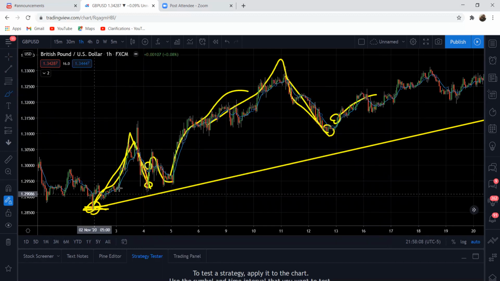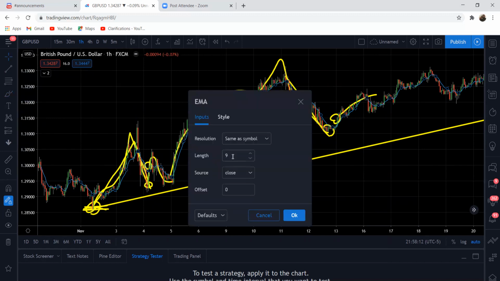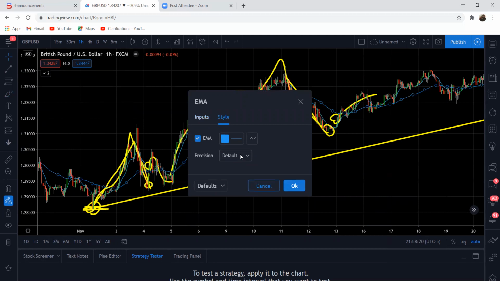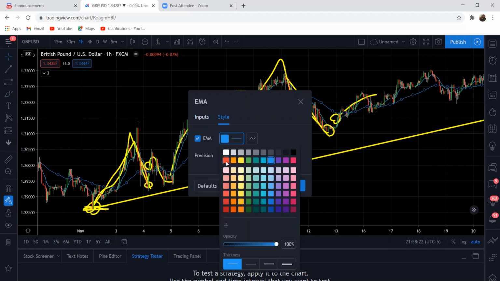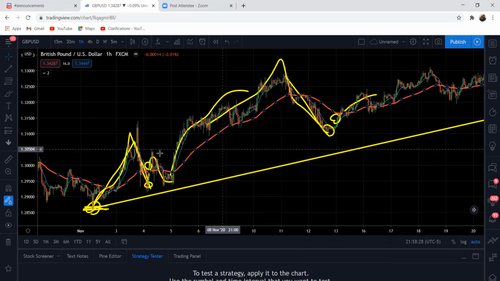I'm going to have two. The difference is, I'm going to change one from 90 to, let's say, 50, and then change the color, put it red. So I'm going to put two moving averages here.